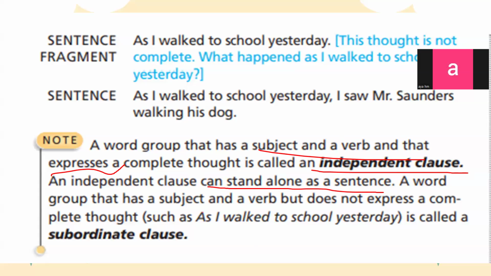But a word group that has the subject and verb but does not express a complete thought, such as, as I walked to school yesterday, what happened? It's called a subordinate clause. So the independent clause can stand alone. It does not need help. It expresses a complete thought. It has a subject and a verb. But the subordinate clause can't stand alone. It needs help. It has a subject and verb, but it does not express a complete thought.